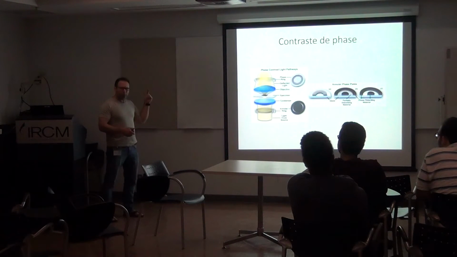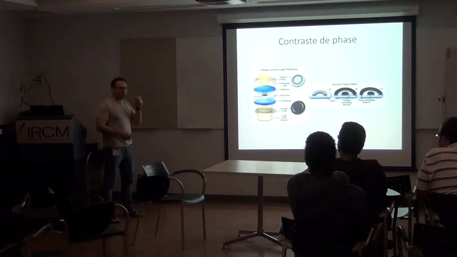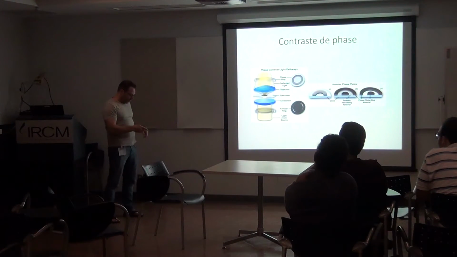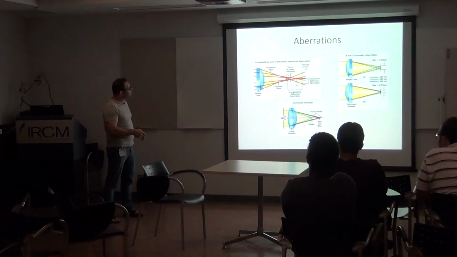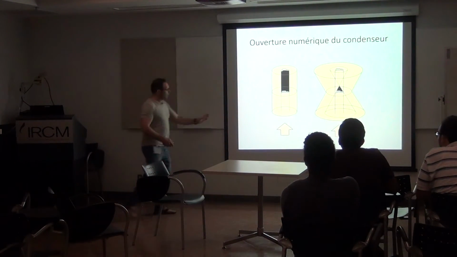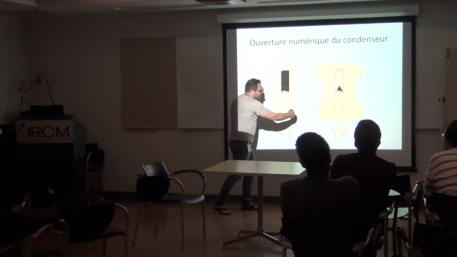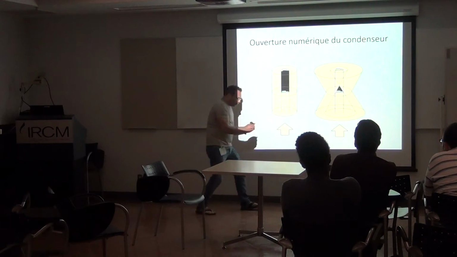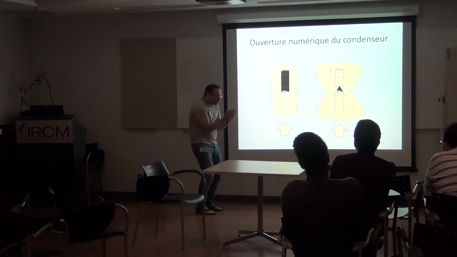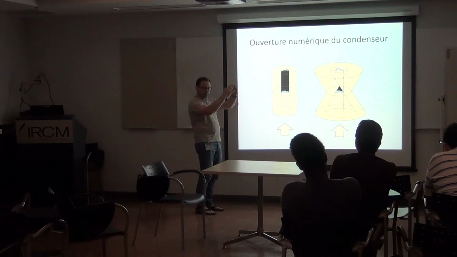You can achieve a pretty nice contrast by just closing the aperture of the condenser, just to get light to enter really straight. This would be a way. So you would only have a beam of light which is really a cylinder and not a cone.